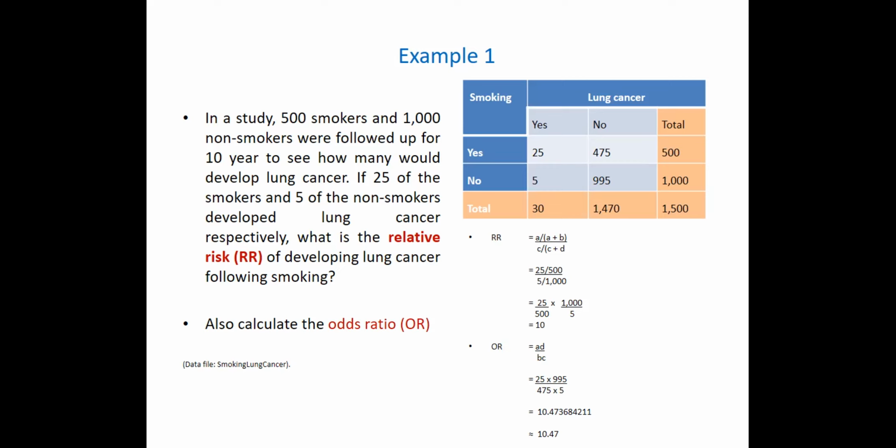Look at the table; it's just a snapshot. The total that smoke is 500. Can you see at the extreme end, the lung cancer column vertical? For those who smoke, 25 have lung cancer, and the remaining 475 didn't develop lung cancer.